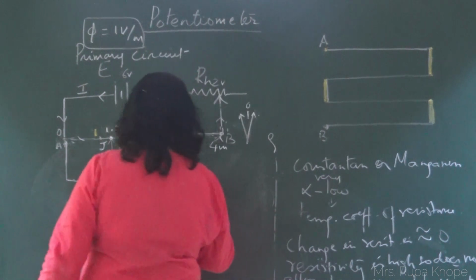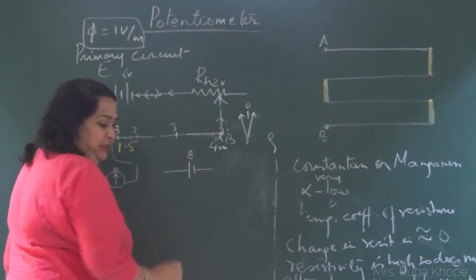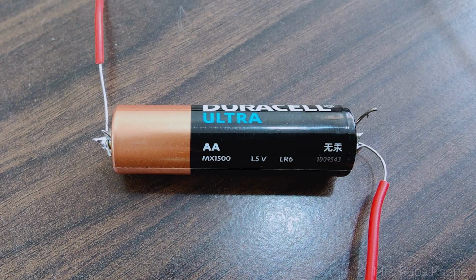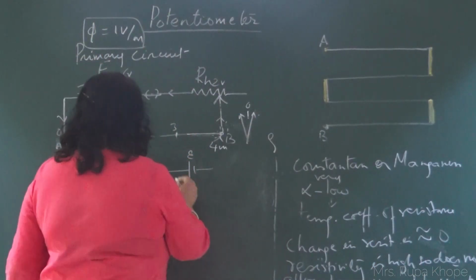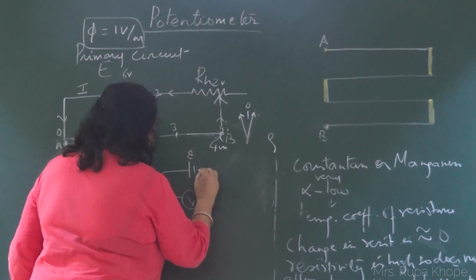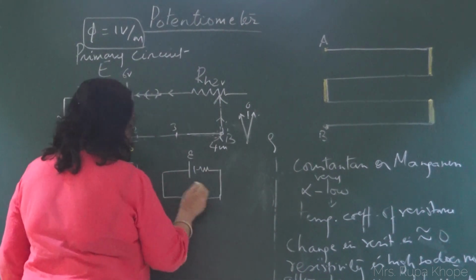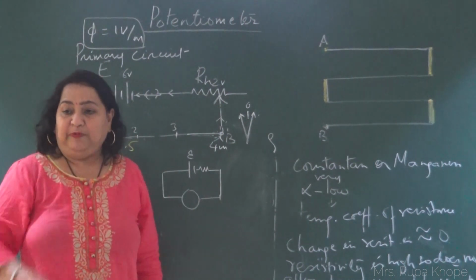Now think of the situation. This cell, which is unknown to me, this battery cell, I want to find its EMF. I solder two wires here and connect it to the voltmeter. You already know that it has some internal resistance. And I find that the voltage here is slightly less than 1.3 volts.